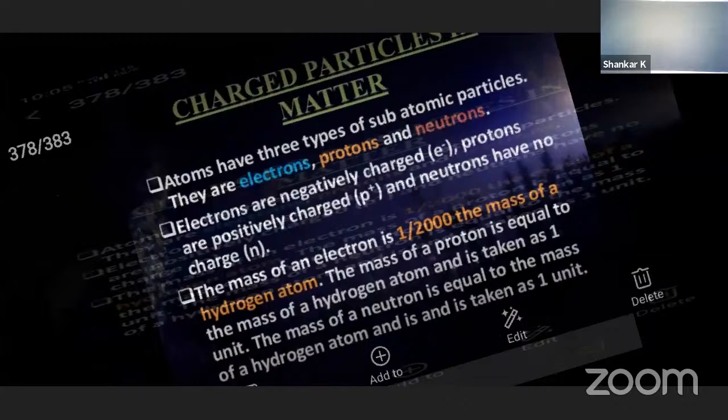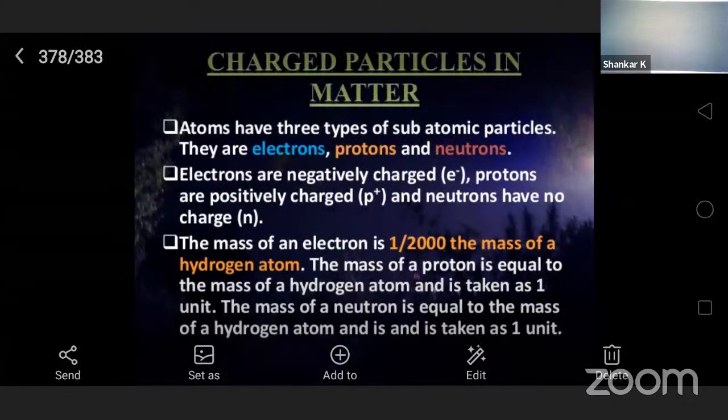Third lesson, structure of the atom. You did not say what you have learned in the last lesson.